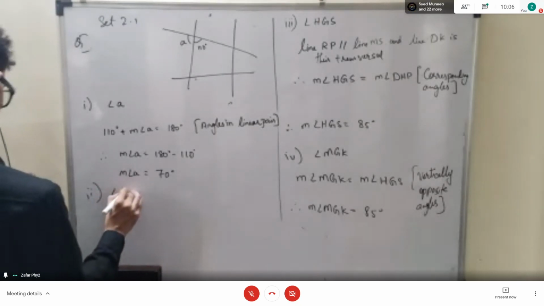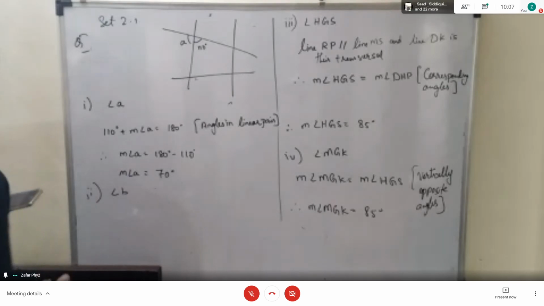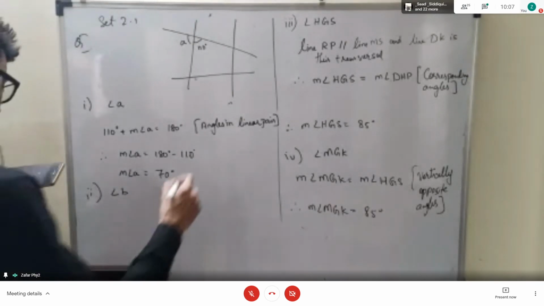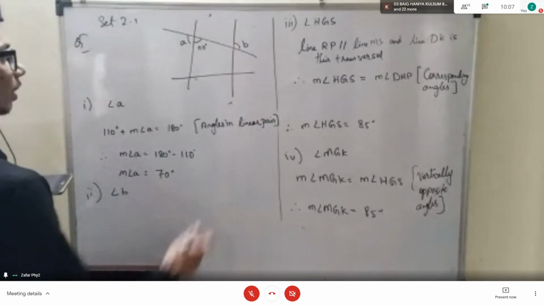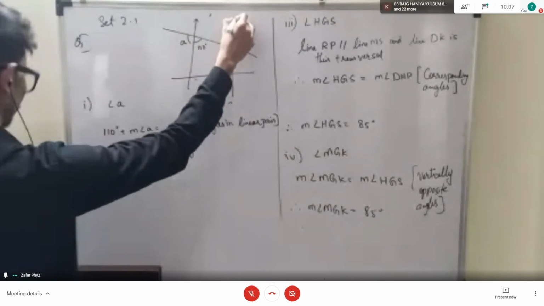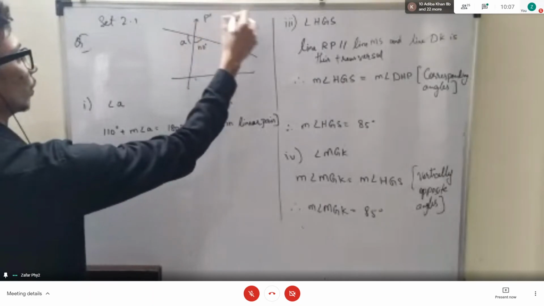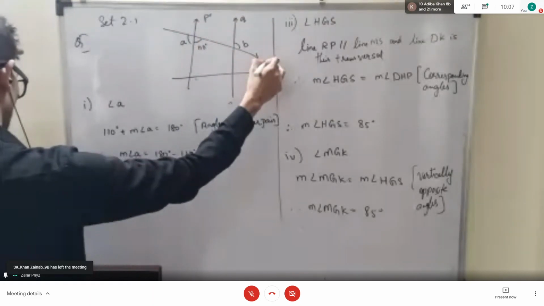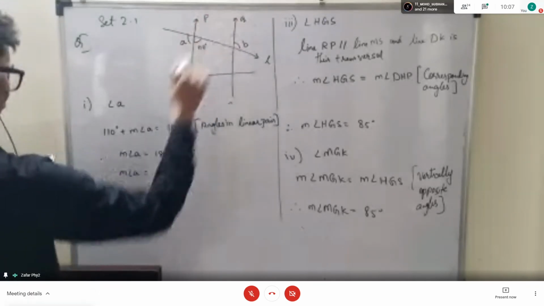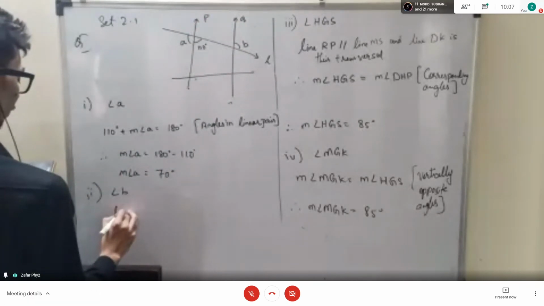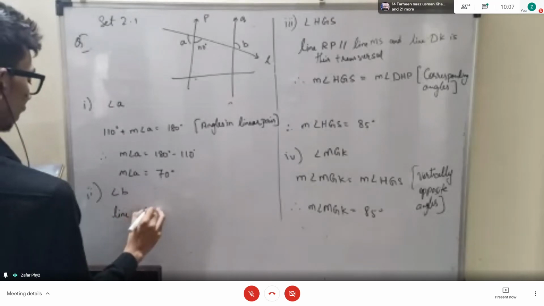Second, angle B. So I will write it here. ये यहाँ है B. Okay. So B के लिए देखो PQ and L. So I can say line P is parallel to line Q. First we have to start like this. इसलिए लिखा रहा हूं मैं.